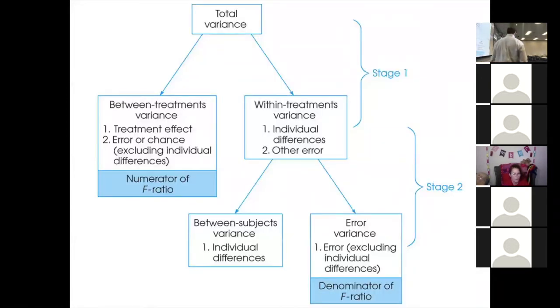So again, just to represent this, we have our total variance, which can be separated into the between treatments variance and the within treatments variance.